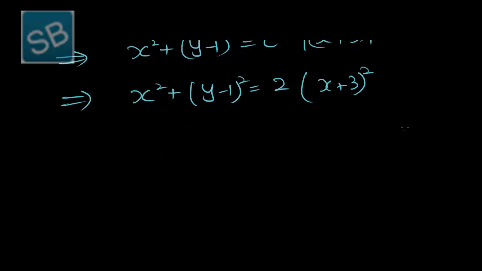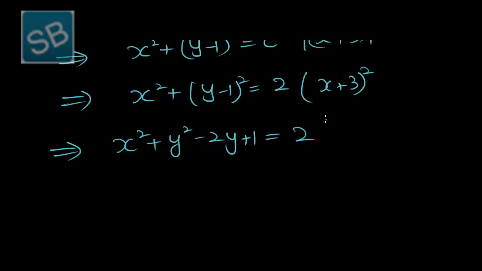So open the brackets using the (a minus b) whole square formula for (y minus 1) whole square, and the (a plus b) whole square formula for (x plus 3) whole square, and we get x square plus y square minus 2y plus 1 on the left hand side, and on the right hand side 2 times (x square plus 9 plus 6x).